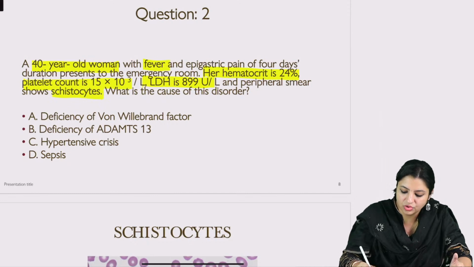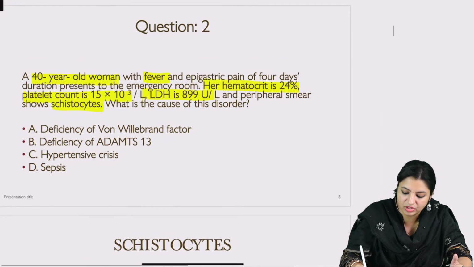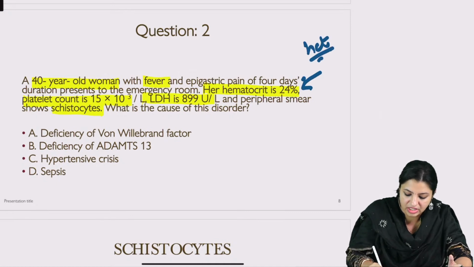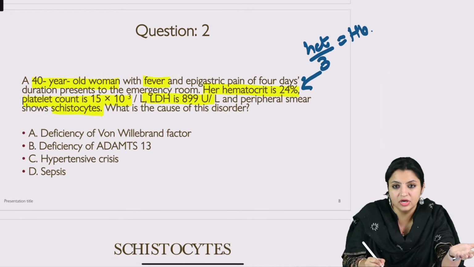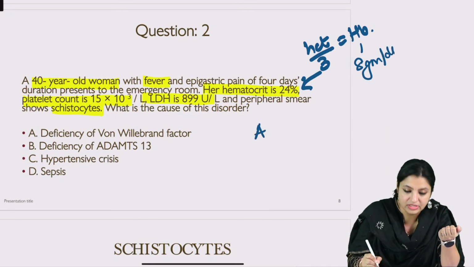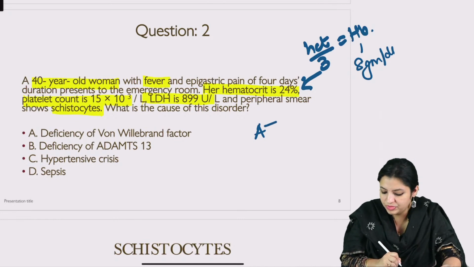So 24 by 3, the patient has a hemoglobin of only 8 gram per deciliter. So the patient is having anemia, thrombocytopenia, she has fever and some epigastric pain, plus there is elevated LDH.